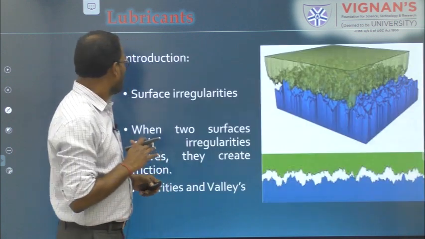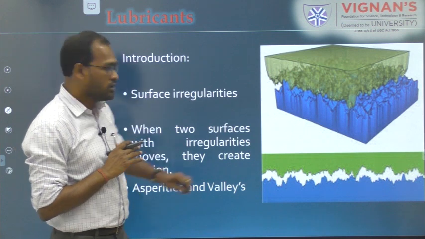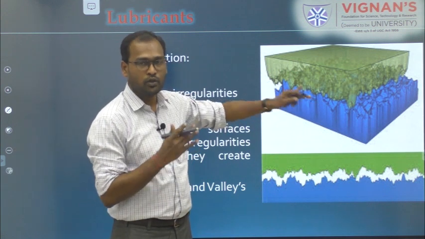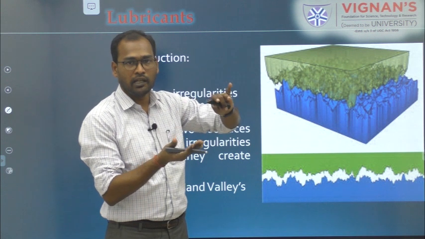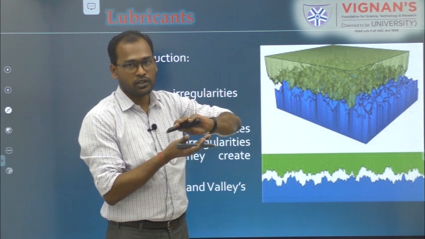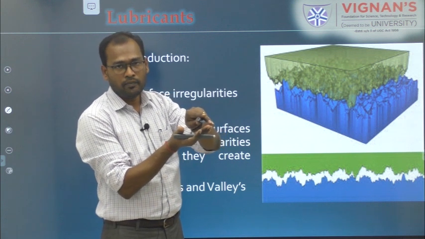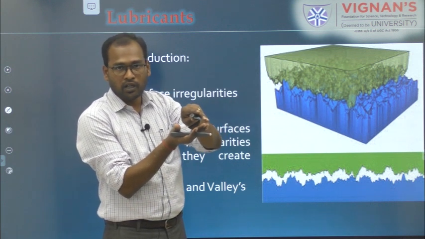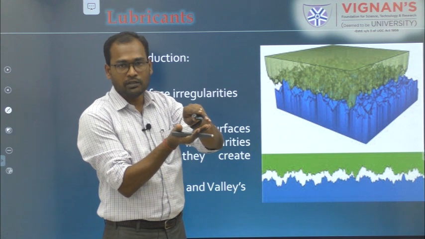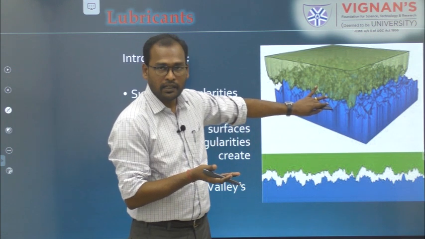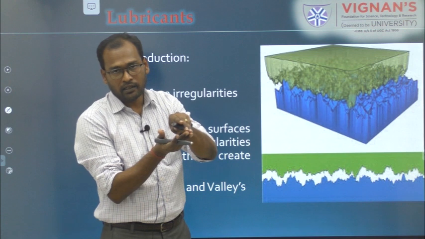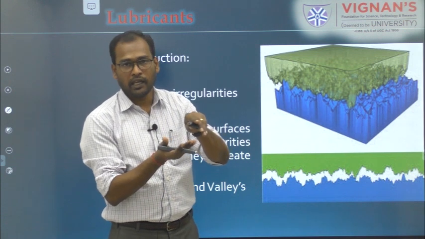If you take two surfaces, two metals or two materials which look smooth, and rub them together, the surface irregularities present on the surface of these metals will come in contact, and when they come in contact certain deformations can happen.